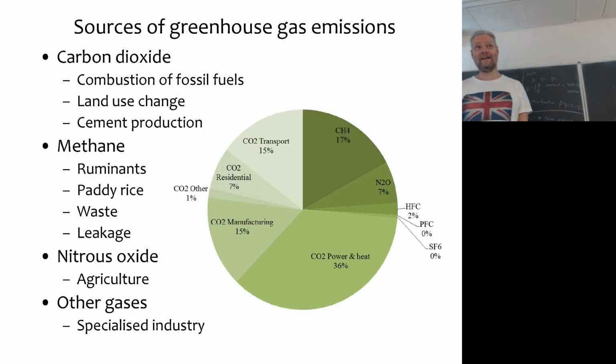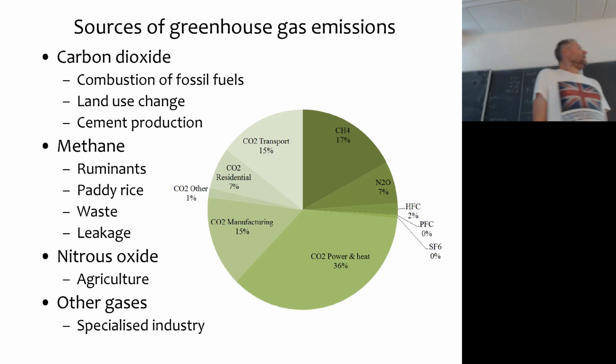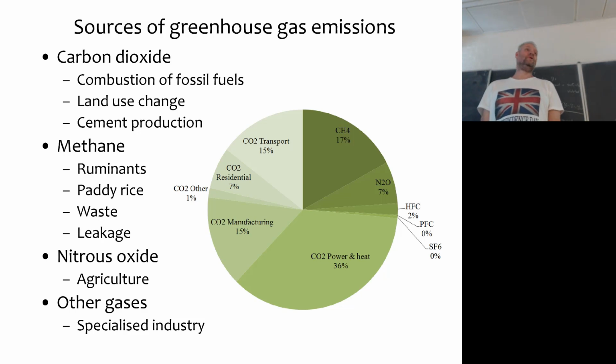So where do these greenhouse gases come from? Now, some of it you know, right? Most of the CO2 that we put in the atmosphere comes from the combustion of fossil fuels, right? So what we do is we take a carbohydrate, something that has a lot of carbon atoms and a lot of hydrogen atoms.